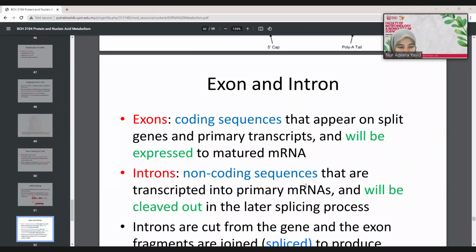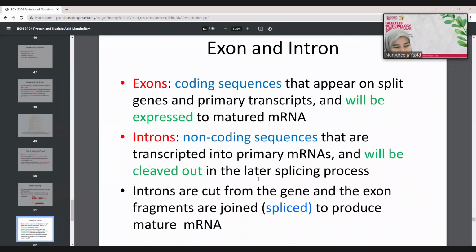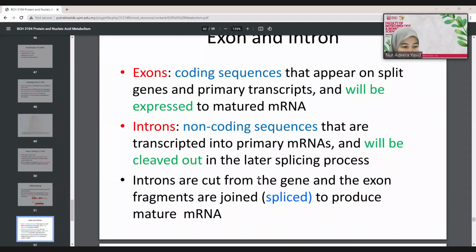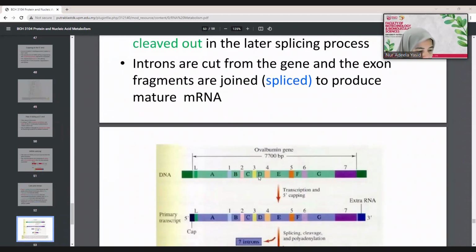So introns are non-coding sequences that we need to remove; we don't want them. Introns are cut from the gene and the exon fragments are joined, or spliced, to produce mature mRNA.